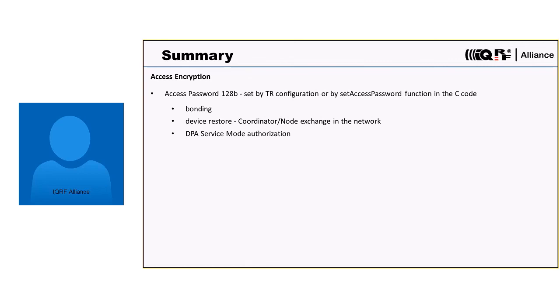But basically, the important thing is that the complete security, or the encryption, is done based on AES-128. It's used for the access, for the bonding, for the service mode, and for the restore of the coordinator or the nodes.